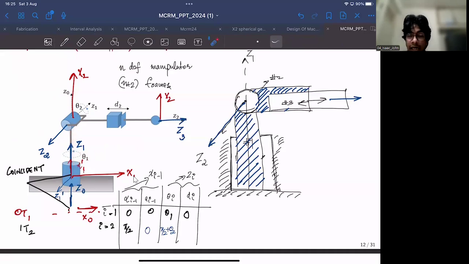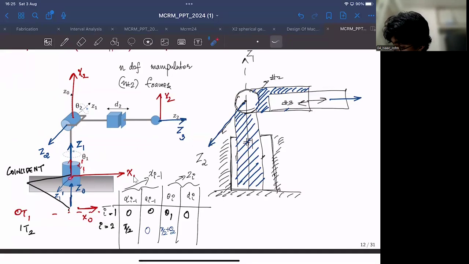And the only remaining transformation is along this Z2. So how do we do that? With this sort of frame arrangement, that is not possible actually, because it's always going to be a trial and error process.